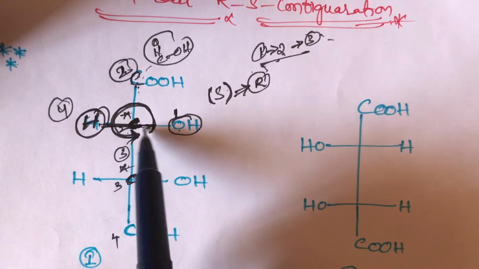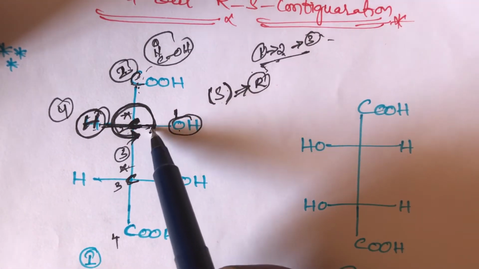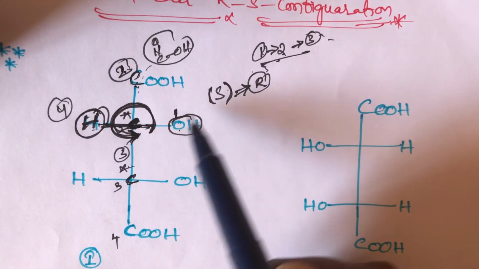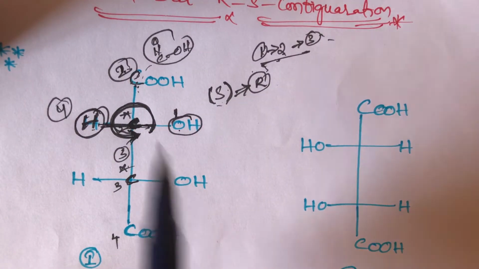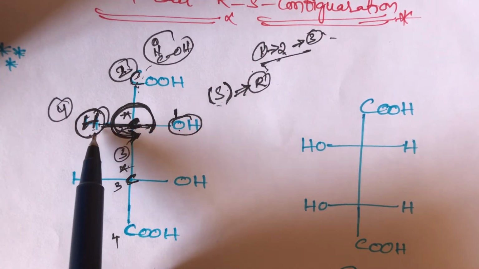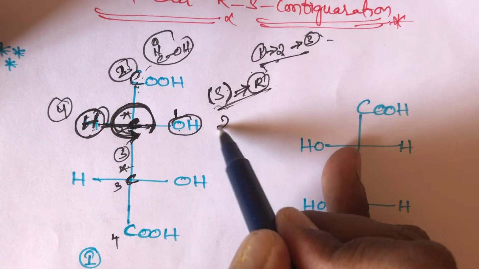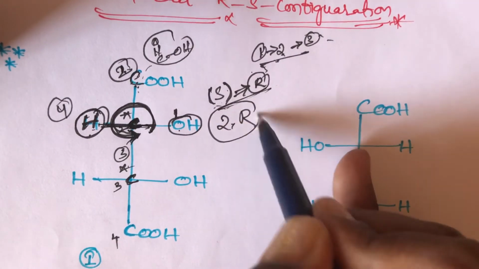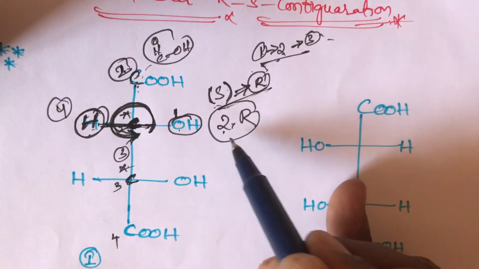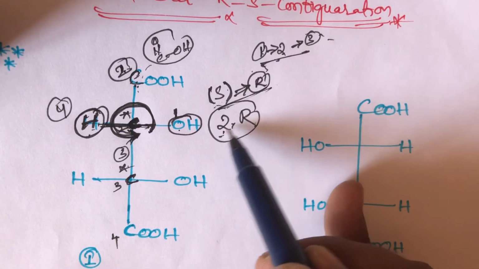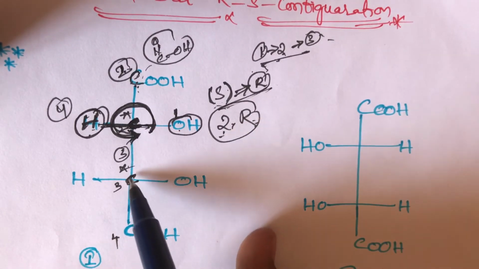Generally an anti-clockwise direction is S configuration, but here the least priority group is on the horizontal line, so S becomes R. So this is 2R, because it is the second carbon.